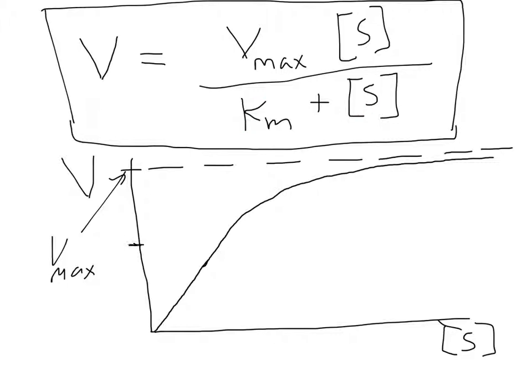So that's about right here, 50% level, which is right there. So this occurs when the substrate concentration equals Km. So let me put this as Vmax over 2.